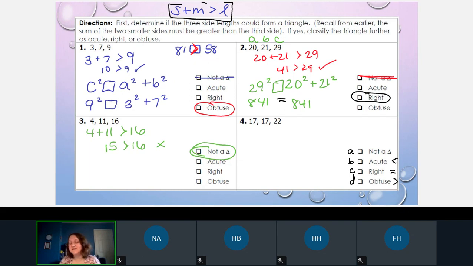If you are stuck, start by testing. Does your small plus medium side, is that greater than the large? If it is, then you can knock out one choice already. Let's do one more minute and then we're going to go over it.